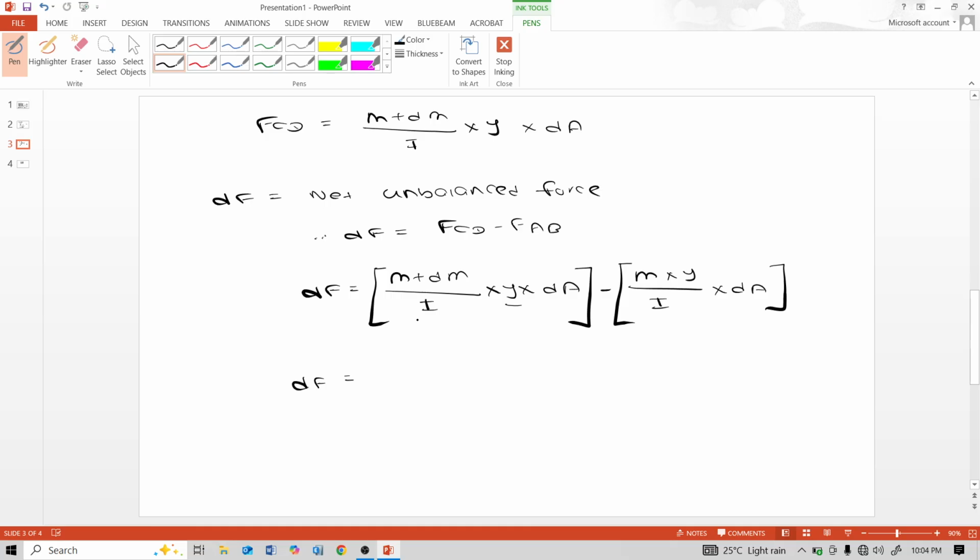Take common y upon I into dA. The remaining term is M plus dM minus M. This M gets cancelled. The net unbalanced force is equal to dM upon I into y into dA.